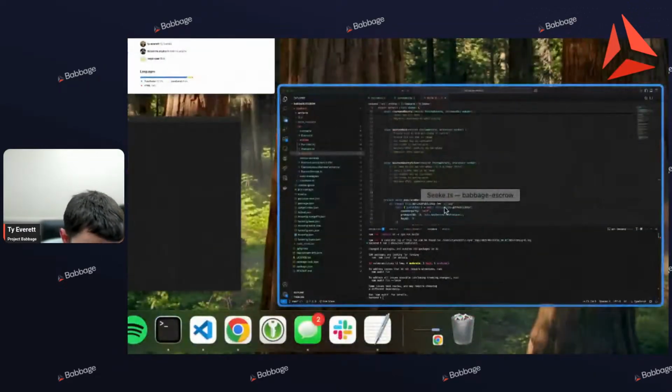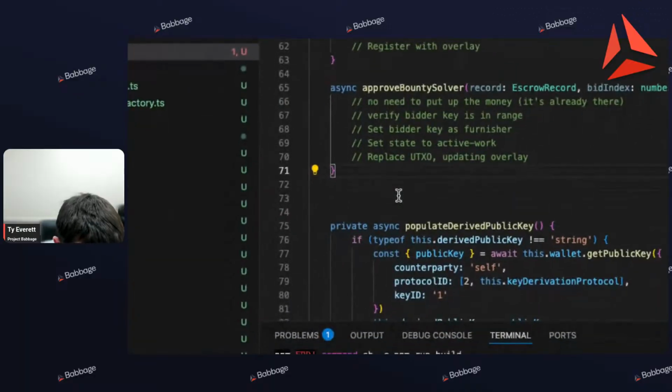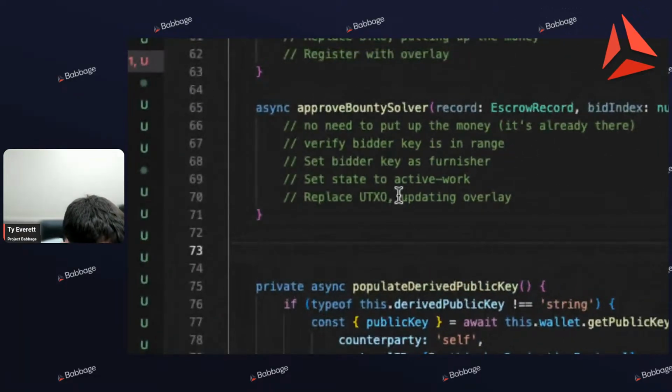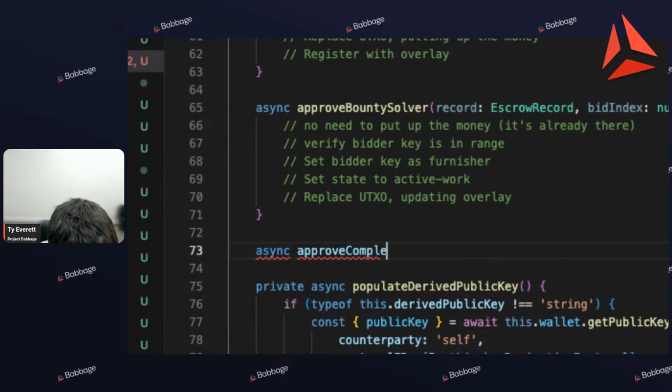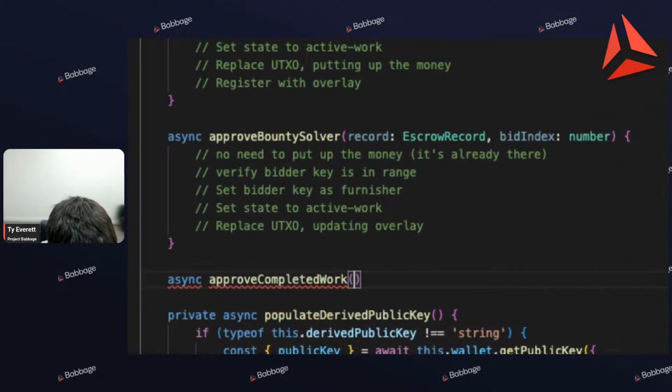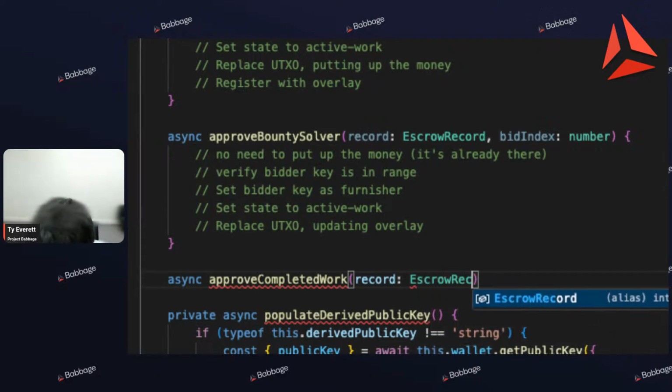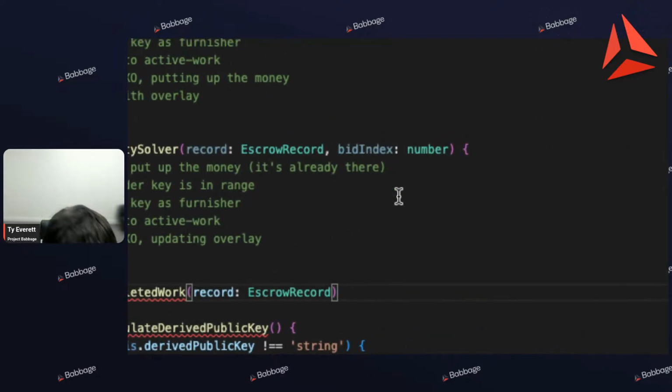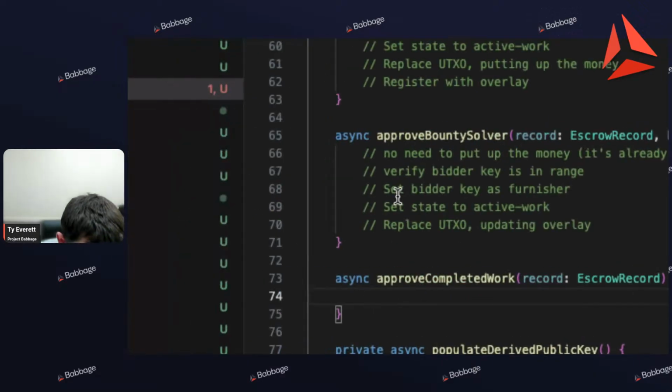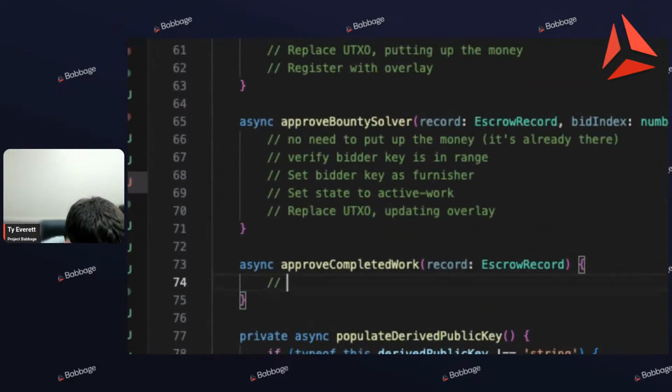To approve completed work, you need an escrow record, and you need to verify.